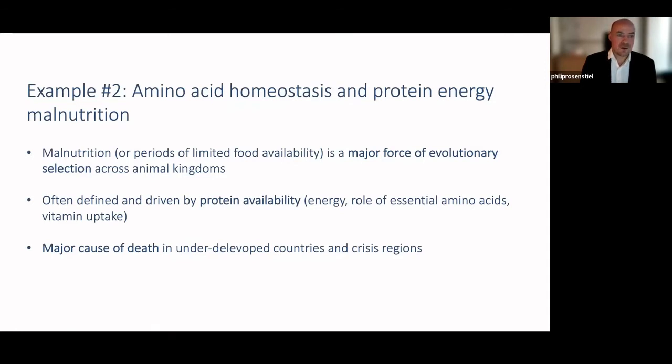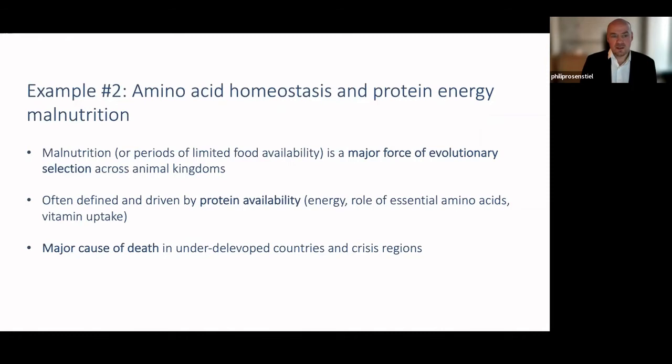Now, of course, this is different in other parts of the world. And again, this malnutritive state is often driven by protein availability. Protein energy is the good stuff in the nutrition here. And still, it is the cause of millions of deaths in underdeveloped countries and crisis regions.